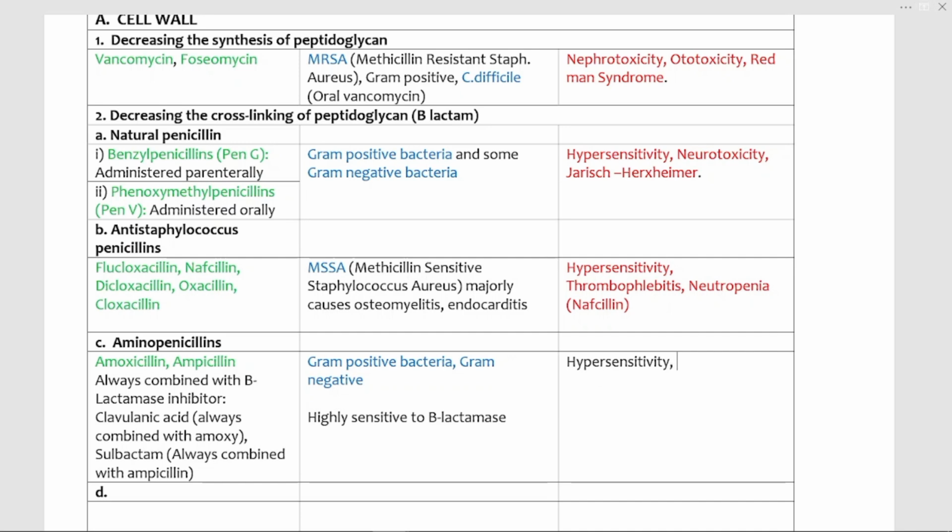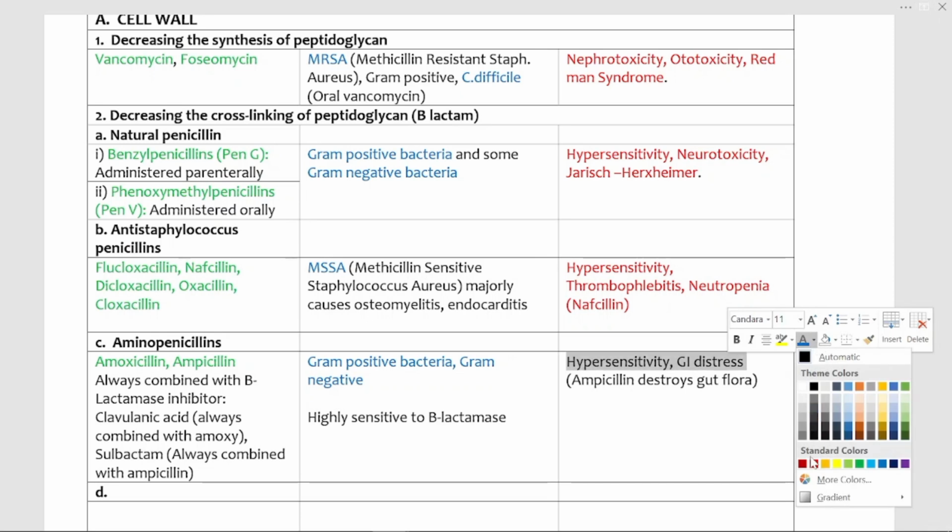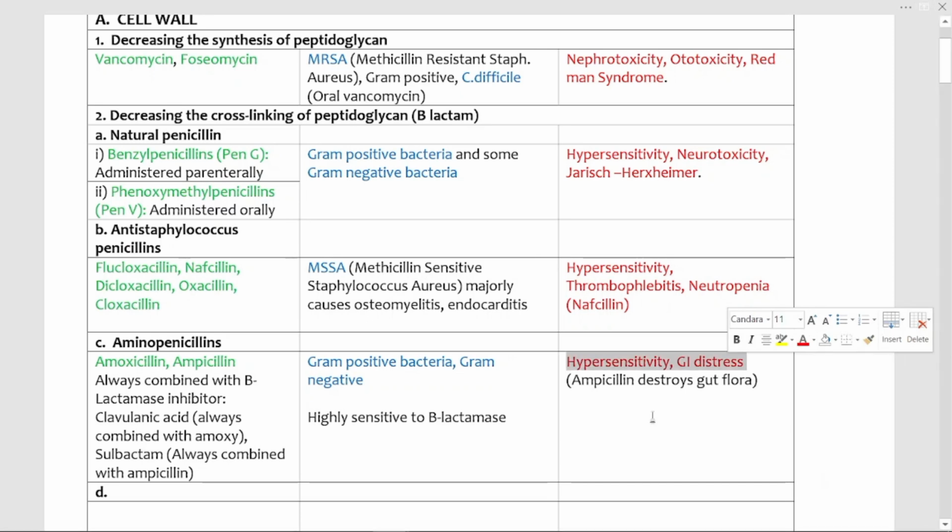Another one is GI distress. Why is this common? This is majorly common with ampicillin, because ampicillin destroys the normal flora in the gut. That's why we tend to have a lot of GI distress, especially when using ampicillin. So those are the two major side effects when it comes to using aminopenicillins.